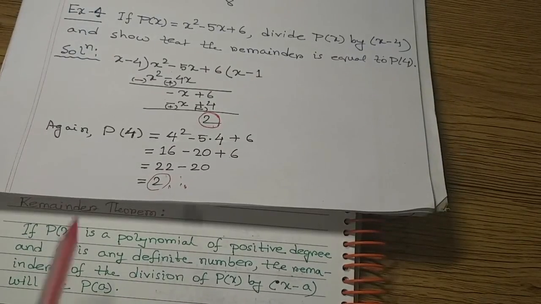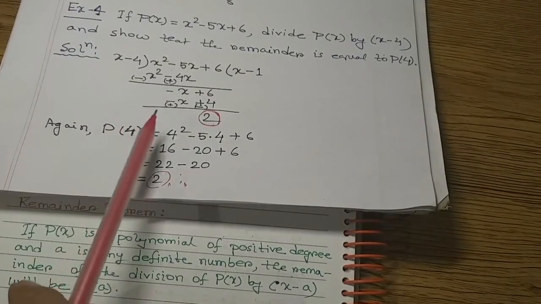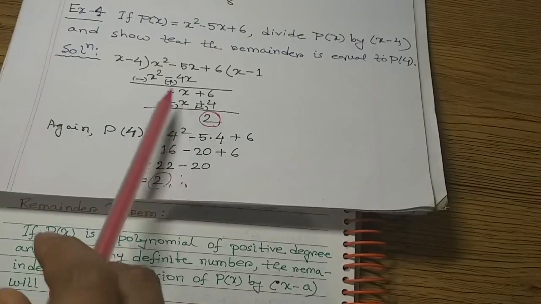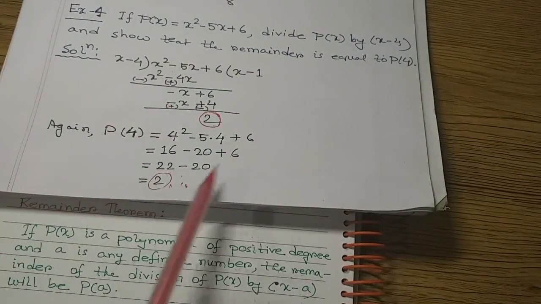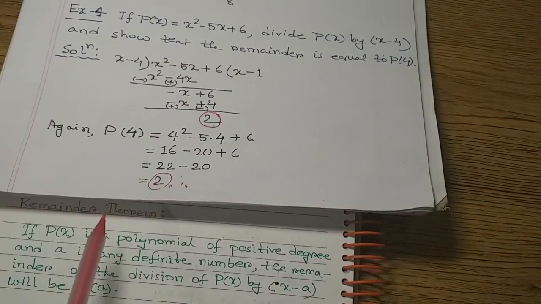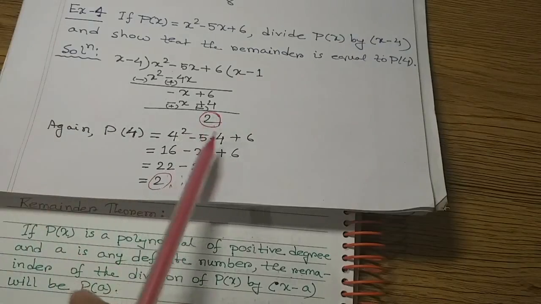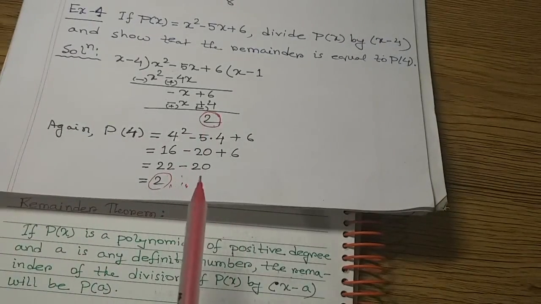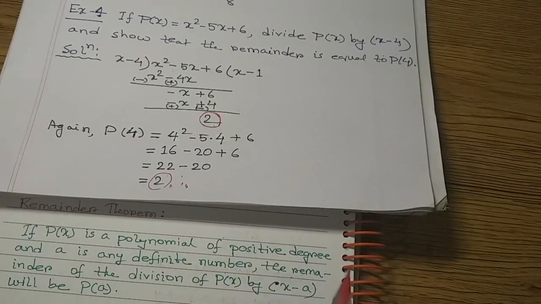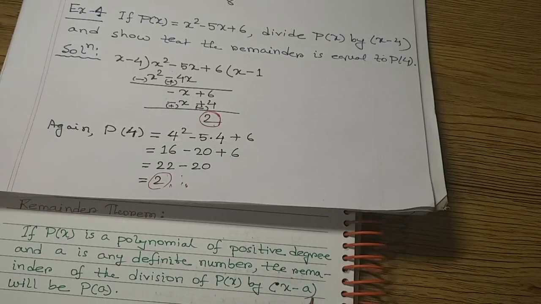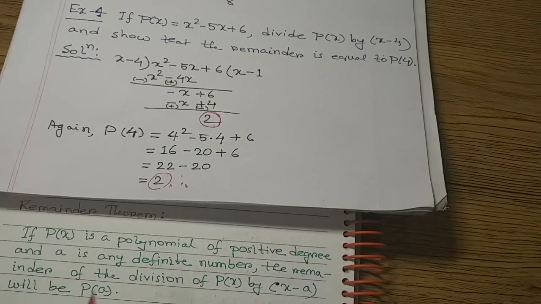I will assign you some homework. In that homework you need to find the remainder by the normal division method and also by applying the remainder theorem. By the normal division method you can easily find the remainder. And what is the remainder theorem? For any definite number a, if you divide the polynomial p(x) by x minus a, then the remainder will be p(a).